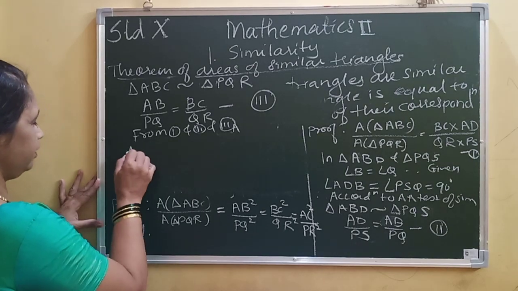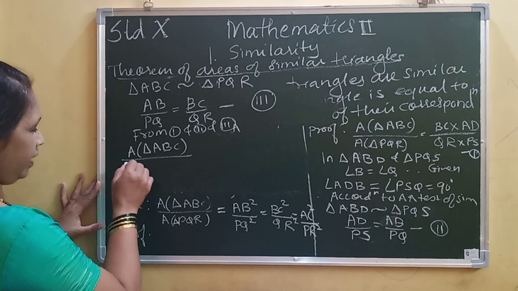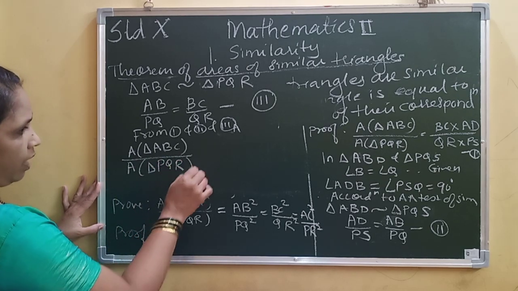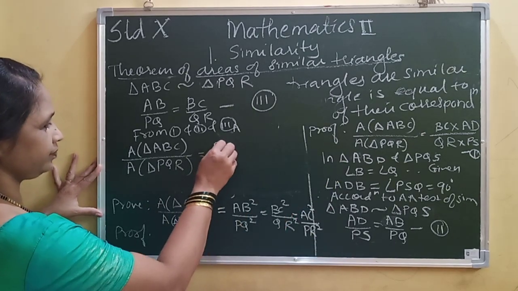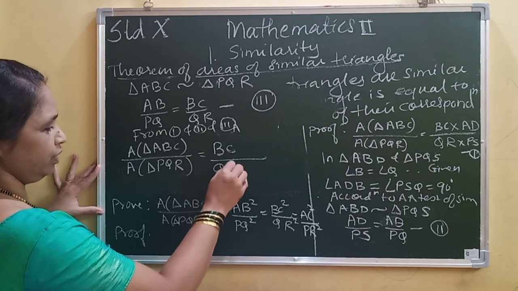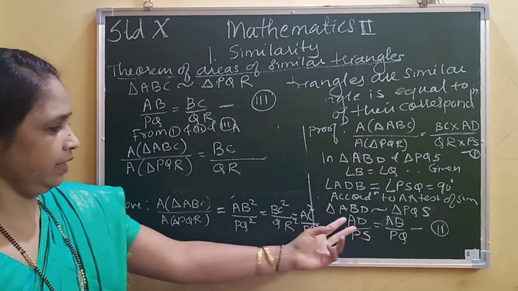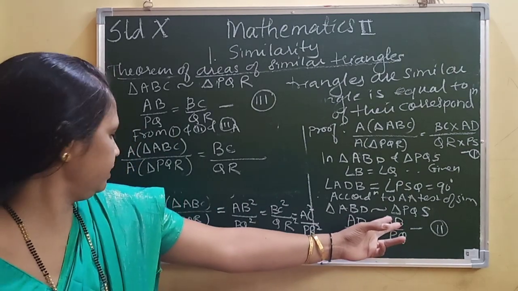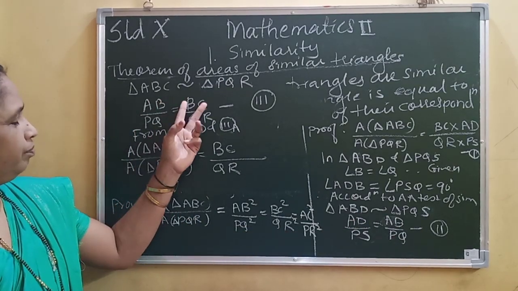Area of triangle ABC upon area of triangle PQR is given what? BC into AD. Now AD is what? AD is AB.